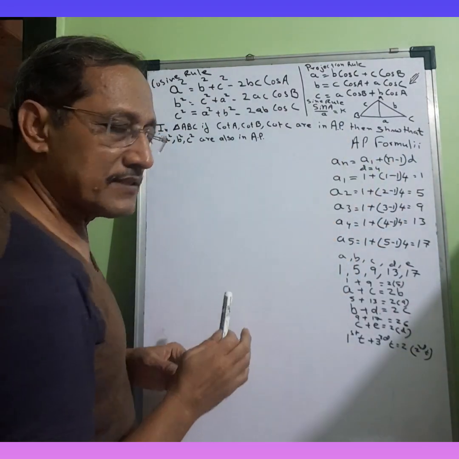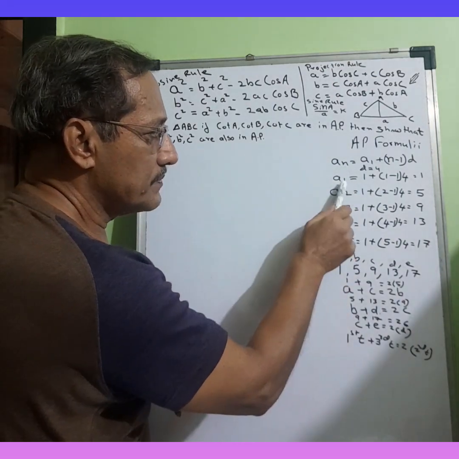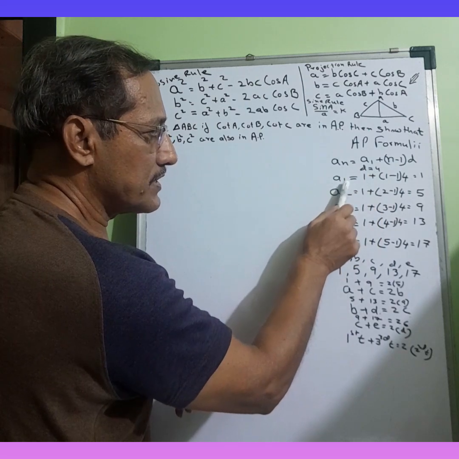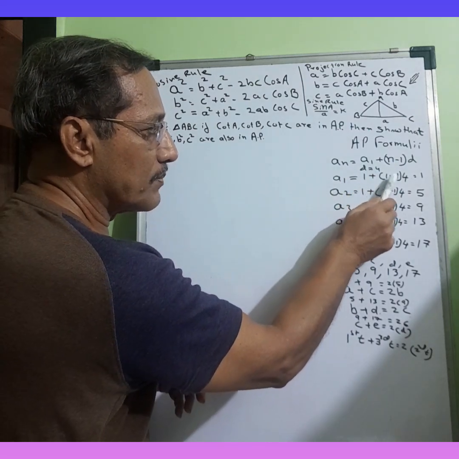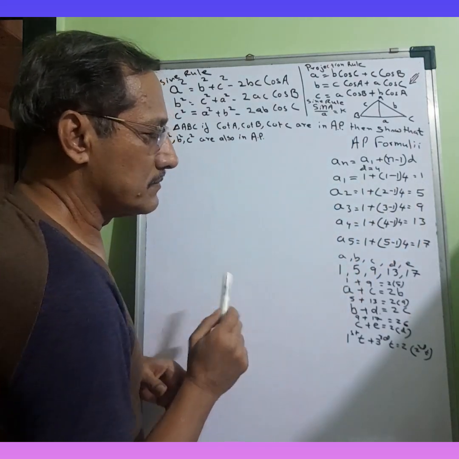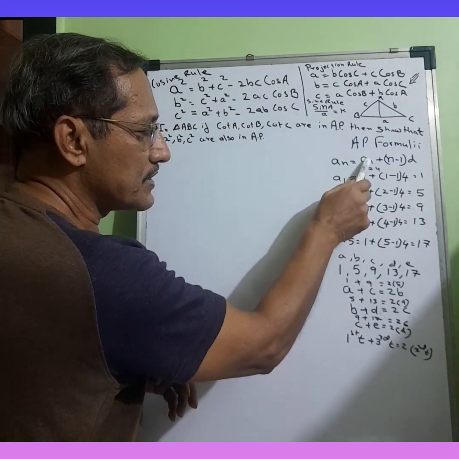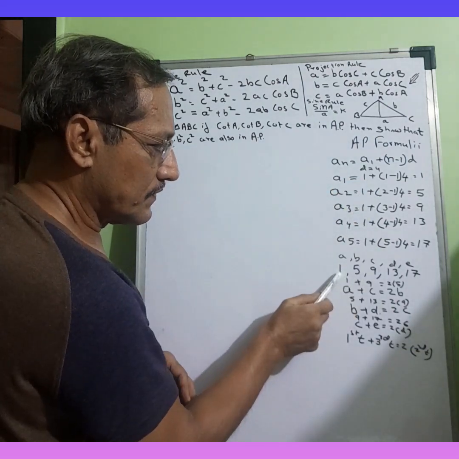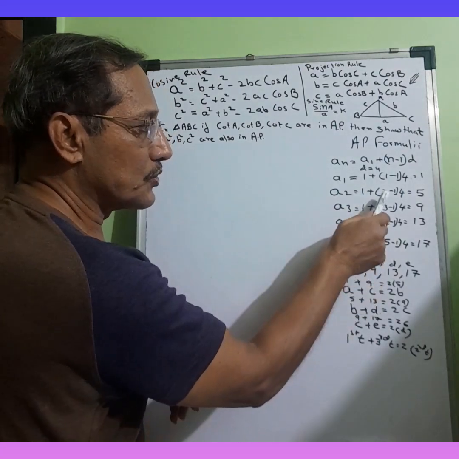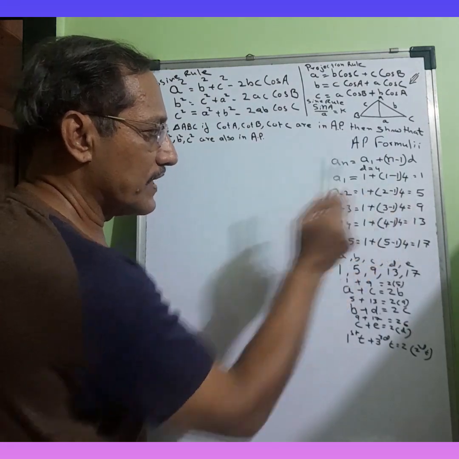Let's straight away apply this. For the first term, 1 plus, n is 1, so 1 minus 1 is 0, 0 into 4 is 0, so the first term is 1. For the second term, the first term is 1 plus (2 minus 1) into 4, so 4 plus 1 is 5.